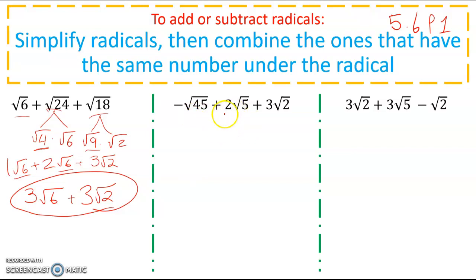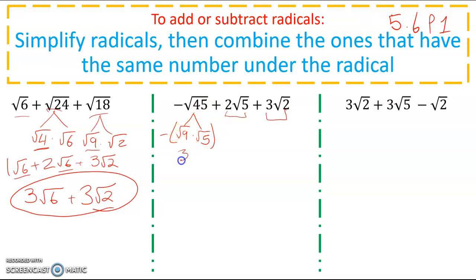So I'm just going to say right off the bat, these two right here, we can't break those down. Square root of 5 and square root of 2 can't be broken down any further. So I'm going to be looking at the negative square root of 45 to break that one down. Find a perfect square that goes into 45. I know that 9, which again is another perfect square, times 5 equals 45 with the negative out front there.